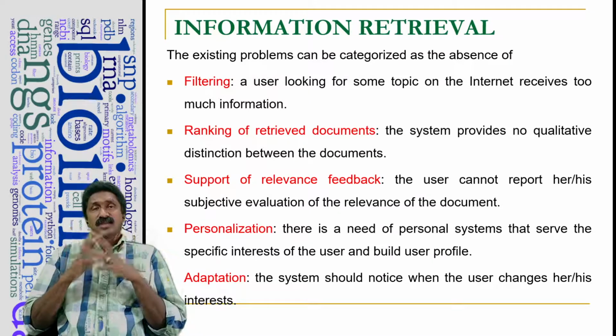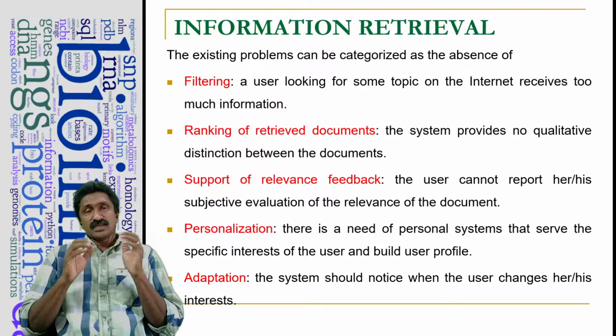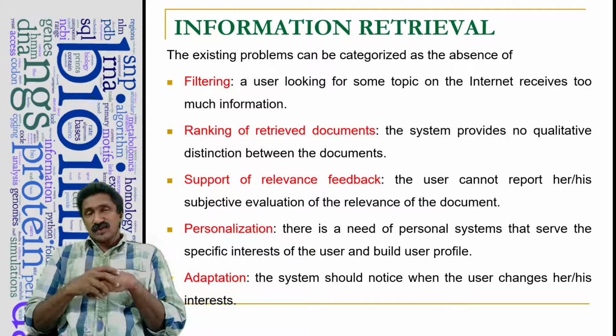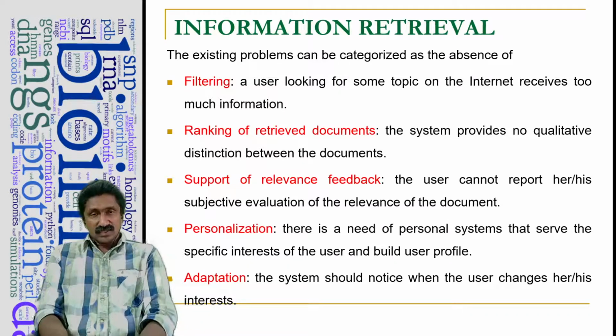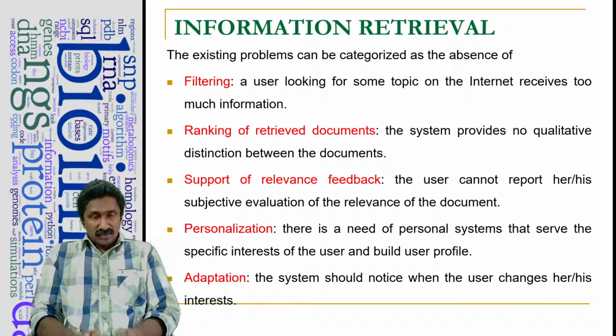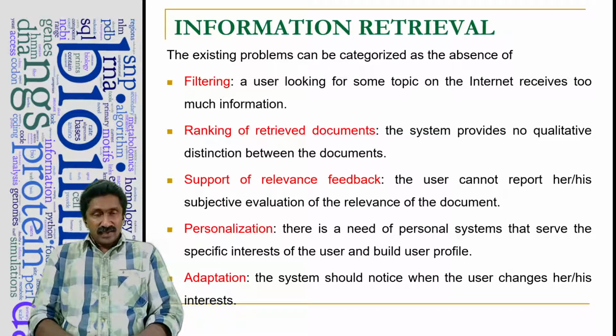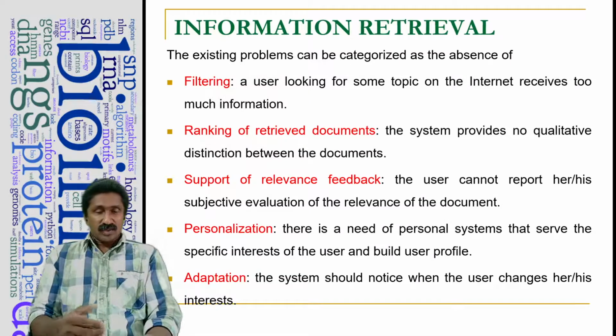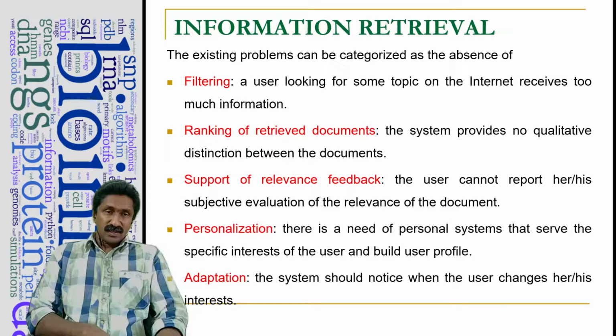And another one is personalization. There is a need for personal systems that serve specific interests of the user and build his user profile. That's also required, because maybe one person is looking for COVID-19, for example, and a medical practitioner may be looking for some treatment aspects.